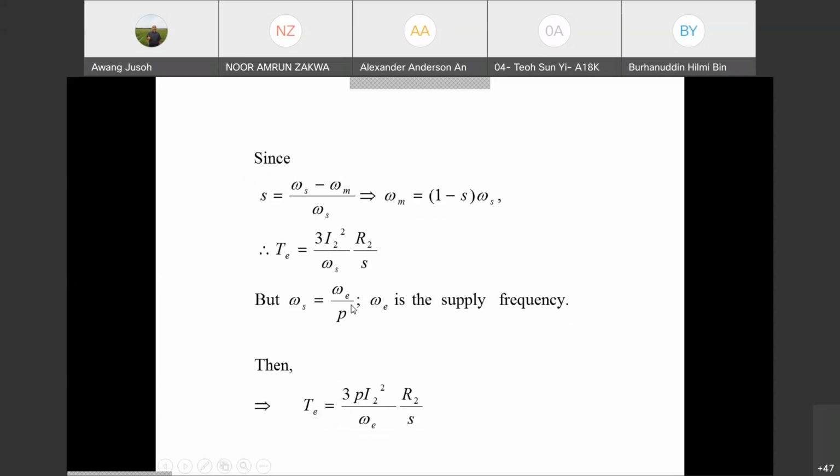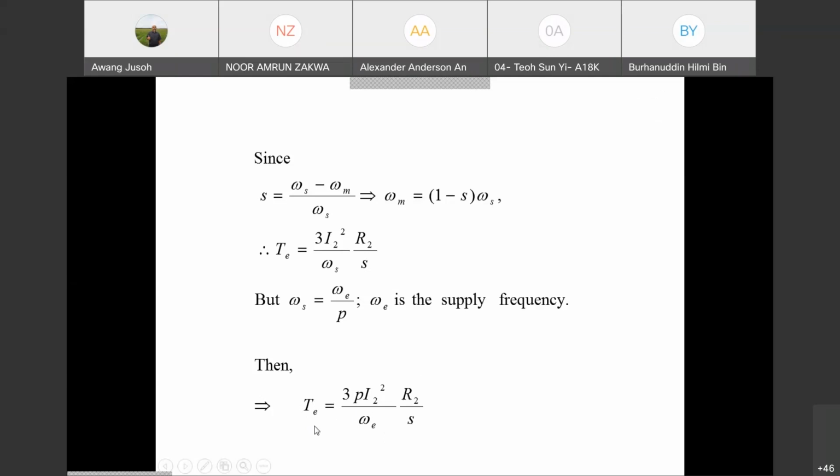Or you can represent it by this one. What is this? I2 squared R2 over s represents the P_AG. So P_AG divided by omega_e, multiplied by 3, that also gives you the electromagnetic torque for the machine.